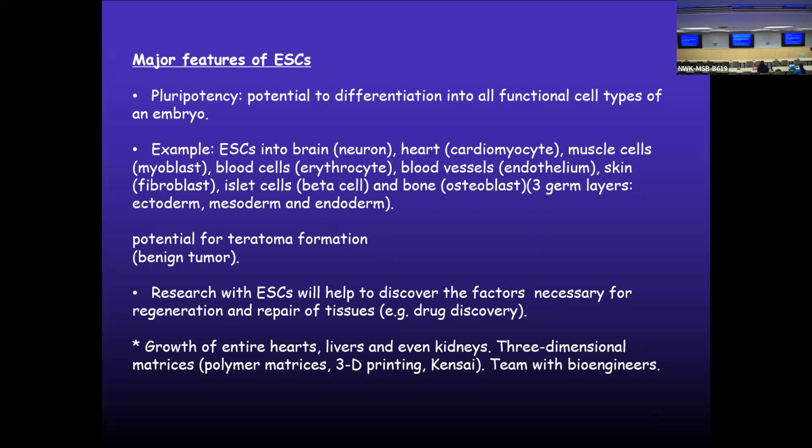But yet it is benign, but nobody wants, for example, to use cells to treat a condition and start creating, for example, in the heart, cells that will form a completely different pattern. So that's a problem of embryonic stem cells. And in general, it's a problem of every pluripotent stem cell.